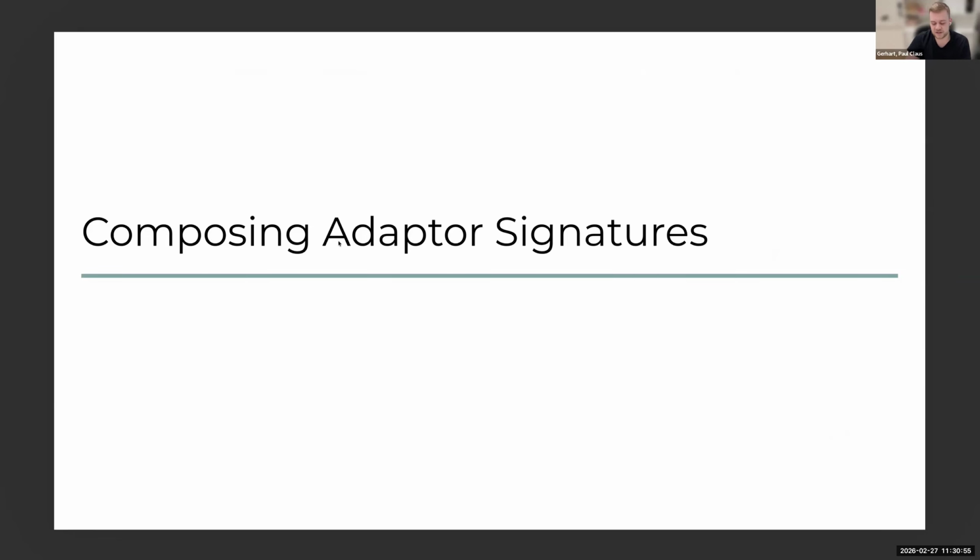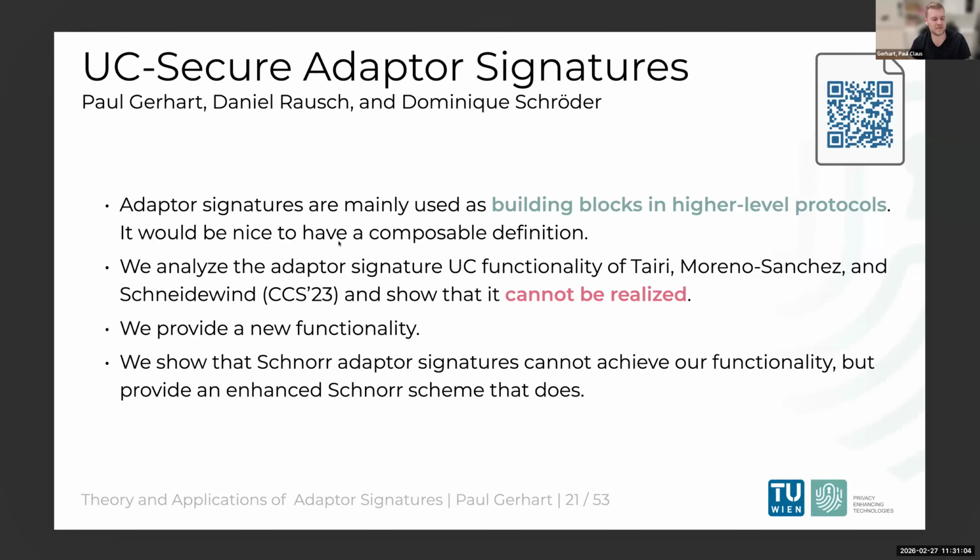Once we had good definitions for adapter signatures, we tried to compose adapter signatures with different primitives, which is the second paper, called UC-secure adapter signatures. Why do we want to compose adapter signatures? Well, adapter signatures are mainly used in higher-level protocols where you have an adapter signature, maybe some kind of encryption or some NISIC and other stuff going on.